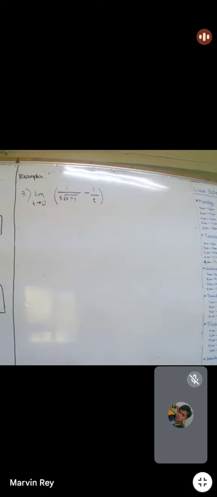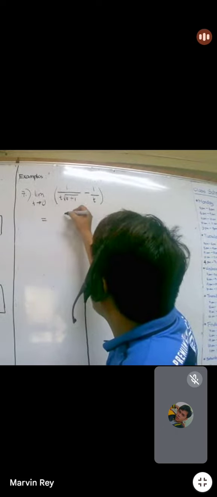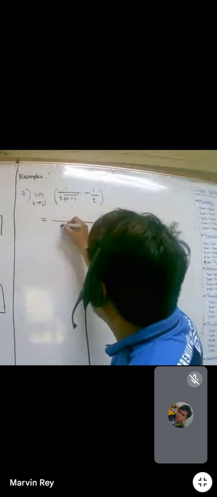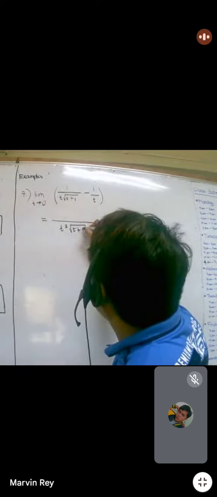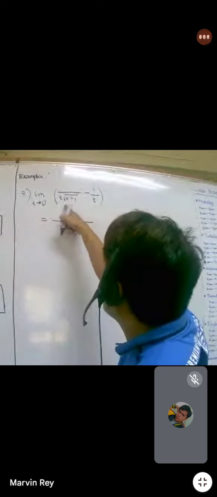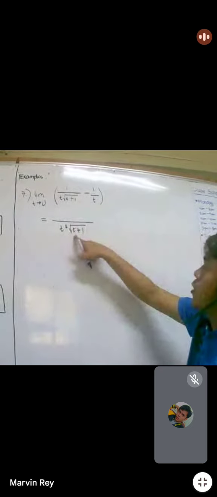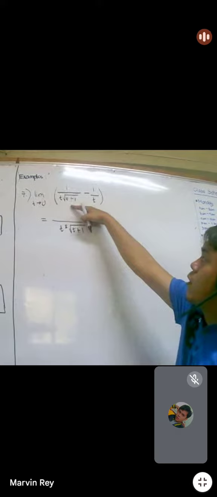But this can also be solved by what? First, you can combine these two equations, right? Combine like terms. So t squared, square root of t plus 1, divide by t square root of t plus 1.